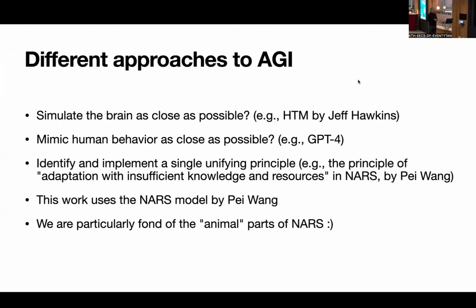And me and my colleagues, we are particularly fond of this animal way of using NARS that Patrick demonstrated, and I will show much more of that.